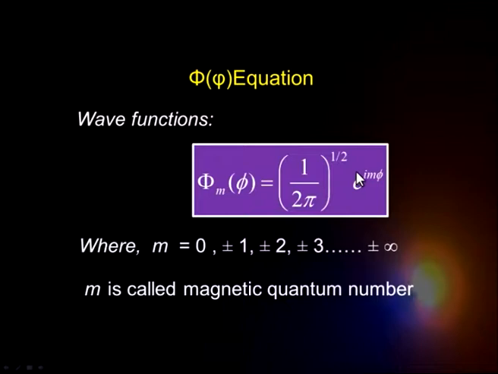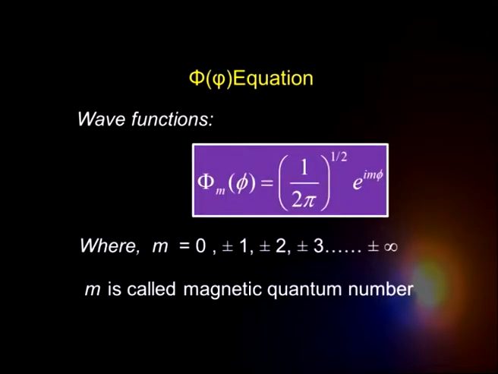So I get a series of functions when I substitute this value of m into the generalized equation which I got in the process of solving the phi equation. So I am getting an infinite number of solutions. Most importantly, the outcome of this is two things: one, a series of wave functions, and two, a quantum number called the magnetic quantum number, whose values are 0, plus minus 1, and so on up to plus minus infinity.